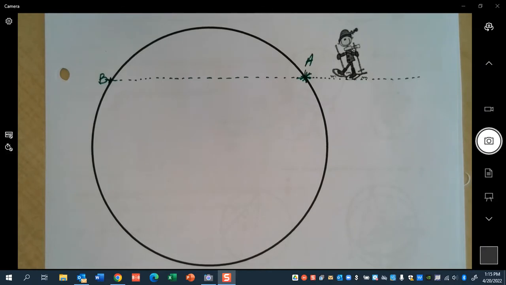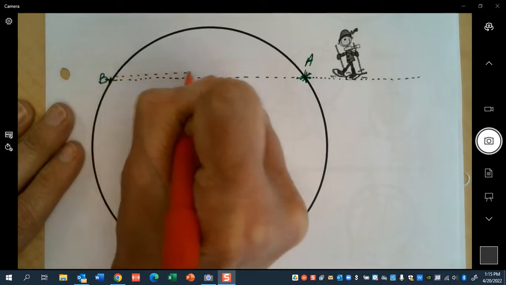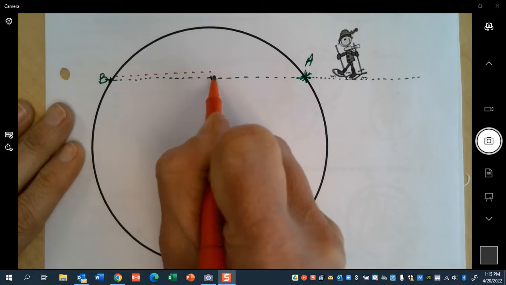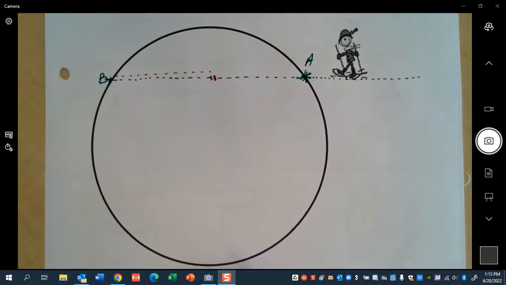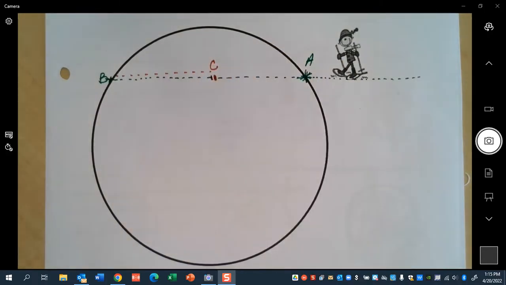Does that make sense to you, him walking outside of the radius? All right. Then he turns around, and when he turns around, he counts back, and he finds the exact middle of that distance, and he marks this point C.